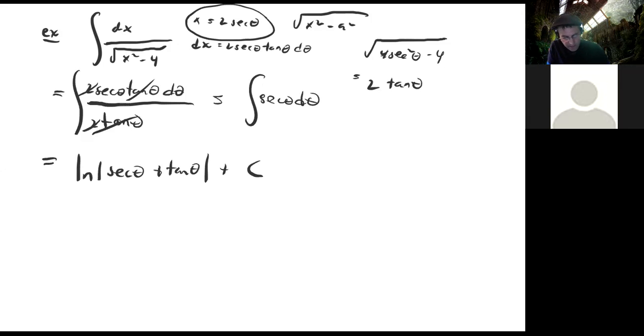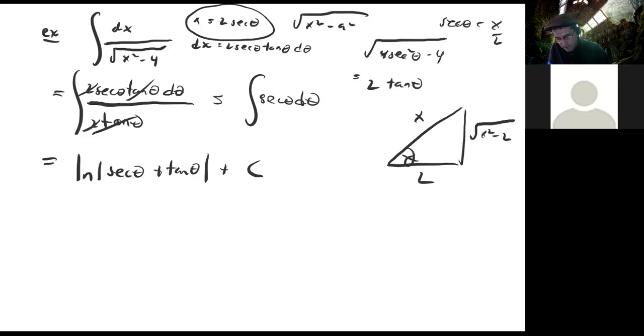So secant theta is x over 2, according to that, because if we put theta in the right triangle, secant theta is hypotenuse over adjacent, because it's 1 over cosine. So therefore, secant theta is x over 2. So if we let x be the hypotenuse, 2 must be the adjacent, and then the opposite is the square root of x squared minus 4.